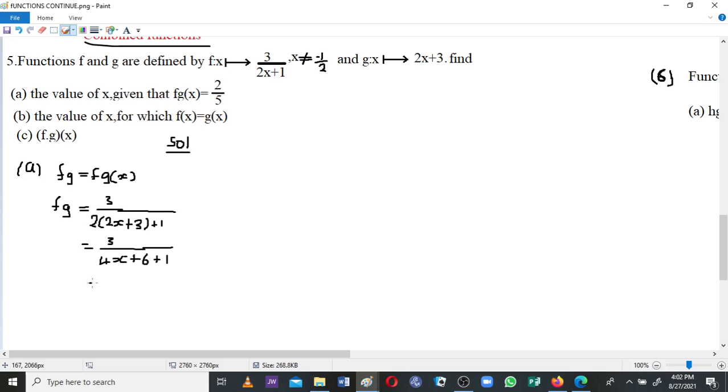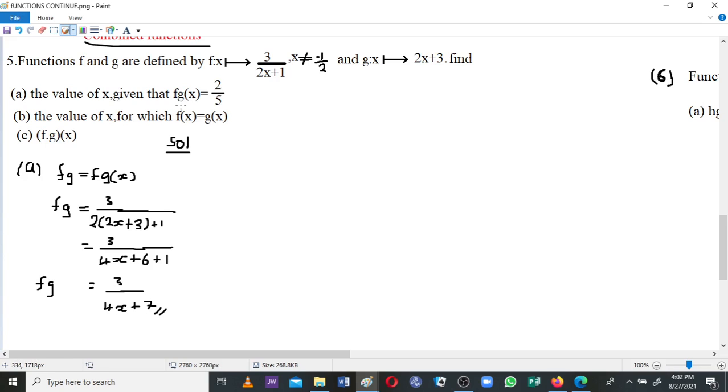So this is going to give us 3 over 4x plus 7. So what we have here is the combined function of f and g. It is denoted by this. So this is fg.